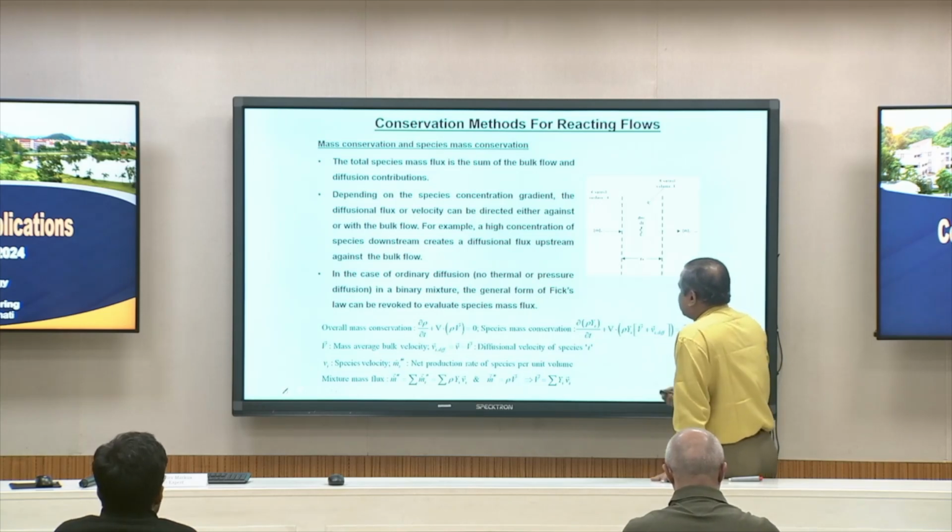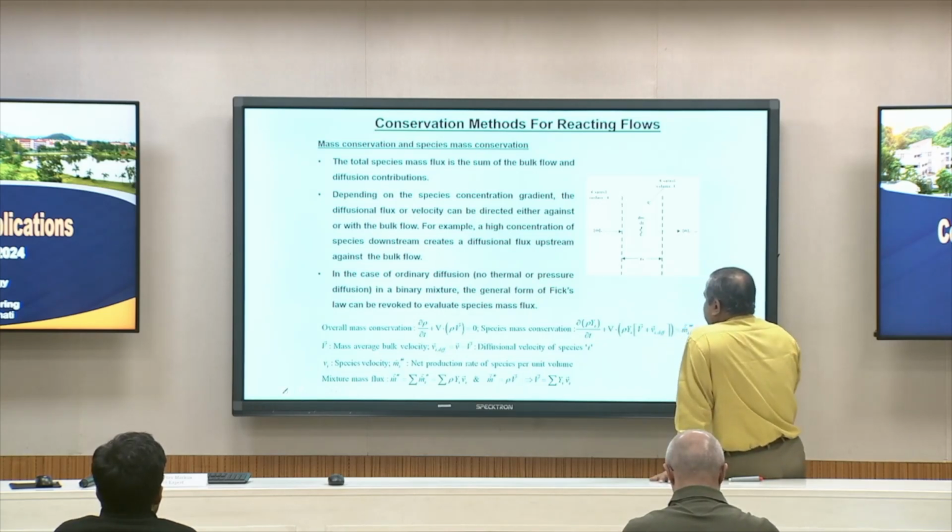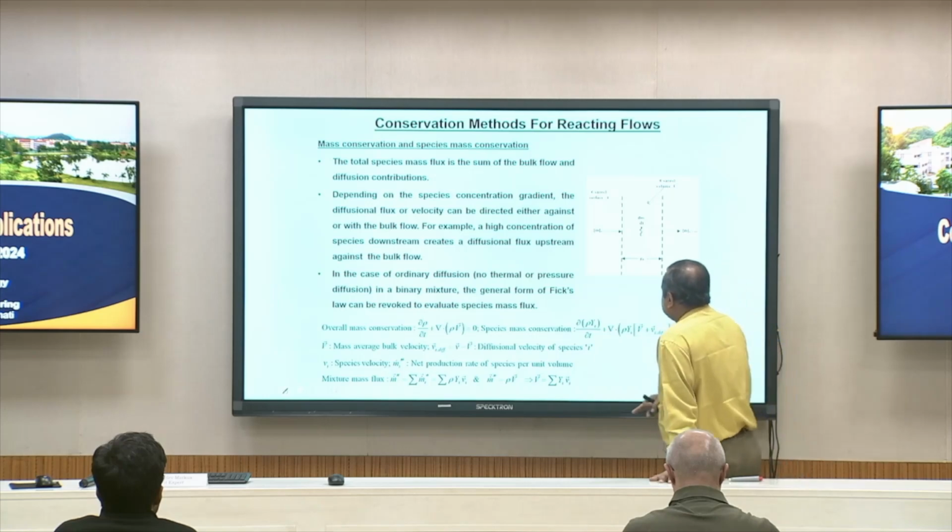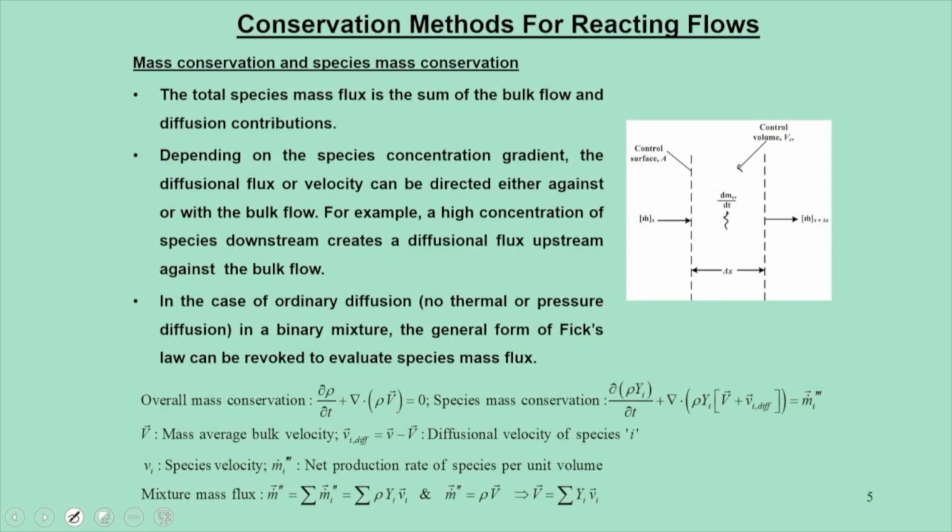So this is how we frame this equation, the overall mass conservation equation here. And in the species conservation equation, rho stands for the global density of the mixture.